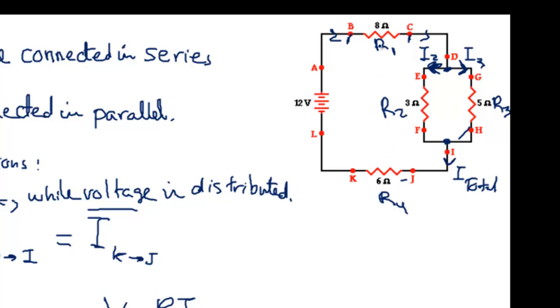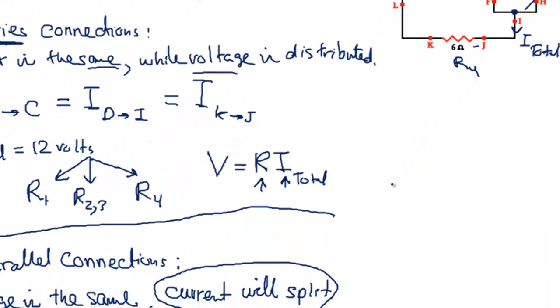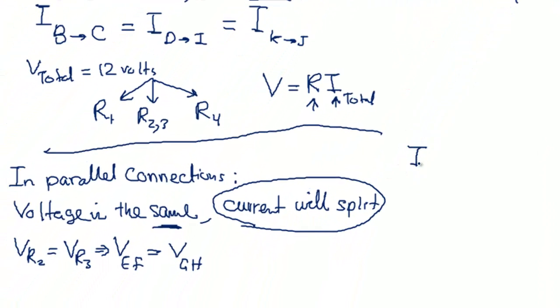Why? Because the current that goes through R1 and R4 is I total, and I total will split at this junction. Now the question is, how about R2 and R3? Which one will get the biggest current? Since the equation of the current is I equals V over R, the one with the biggest resistance will get the smallest current.